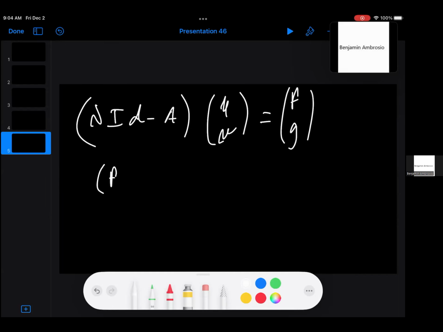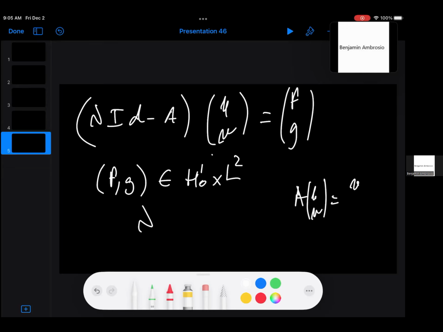For every fixed (f, g), do I have a solution for that? I recall that A(u, v) is (v, uxx).